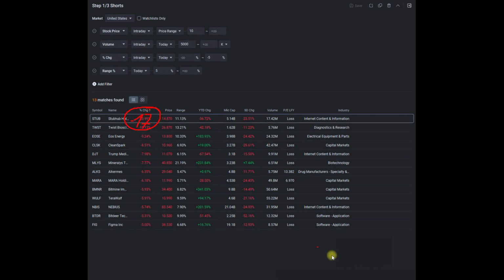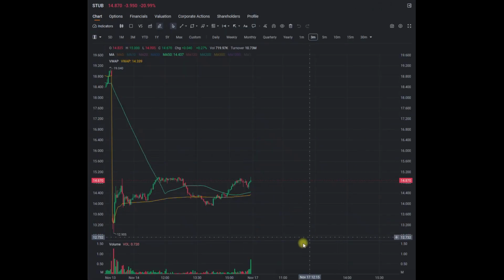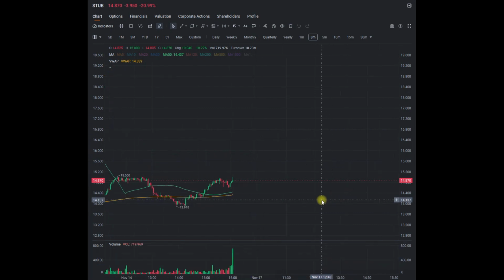So what you do in this case, if you have a couple of screens, you move this stock to one of the charts in one of the screens and you follow up. Again, this is now your own strategy. So we're looking at this chart. I'm looking at the 3-minute chart of STUB.